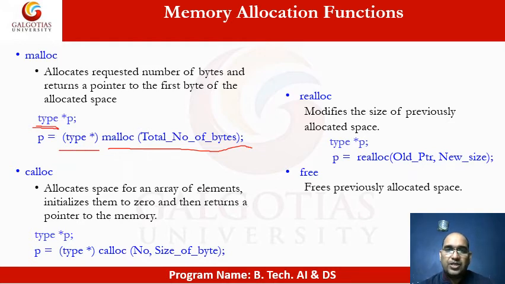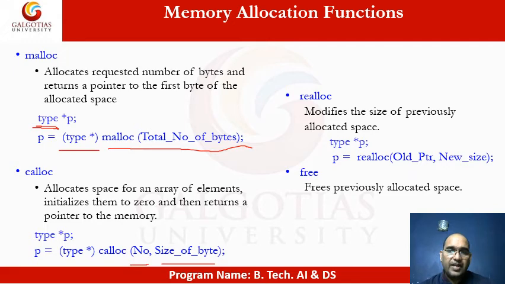The second one is calloc. The only difference between malloc and calloc is that in calloc we have two arguments. The first argument is how many numbers, and the second is the size in bytes. Suppose we want to allocate the memory for 10 integers.